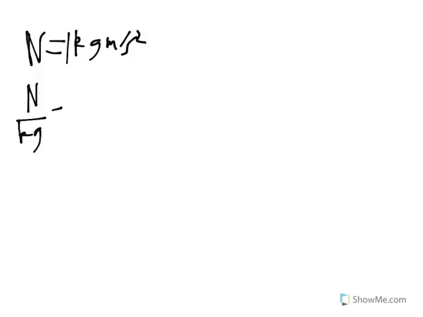And this is true because, once again, a newton is 1 kilogram meter per second squared. And so dividing newtons by kilograms gives 1 meter per second squared. So now let's take this problem one step farther. Let's say we want the boat to accelerate at 2 meters per second squared.